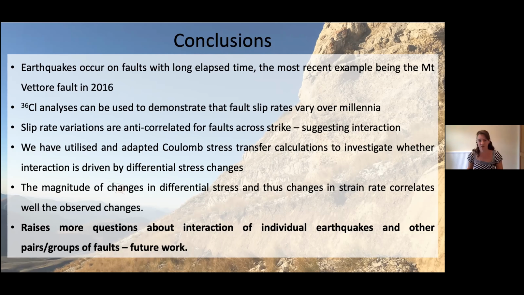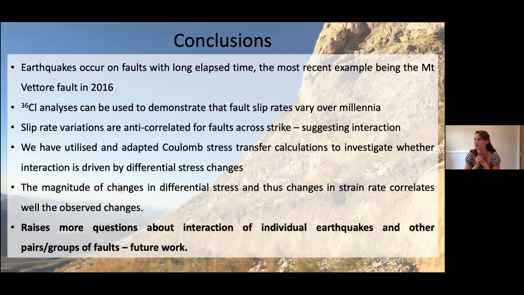So this is one example that I've presented where there are these two faults about 40 kilometers across strike. And it's not just these two faults we looked at, we did look at other ones. And we have other examples of where there are pairs or even 3 or 4 faults across strike that are interacting in a similar way.